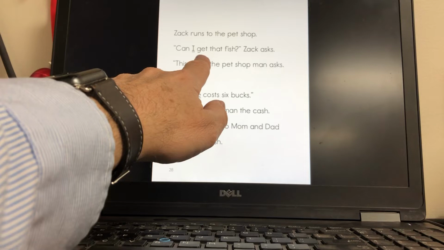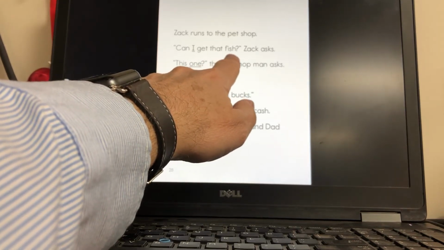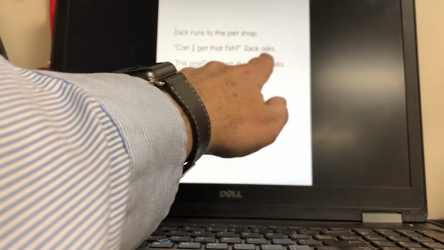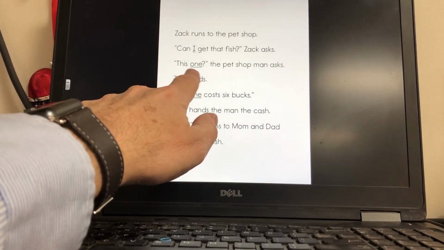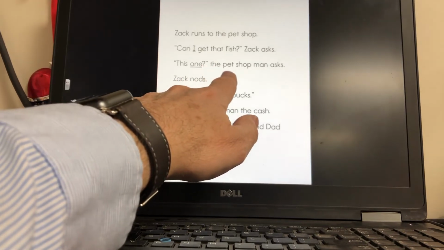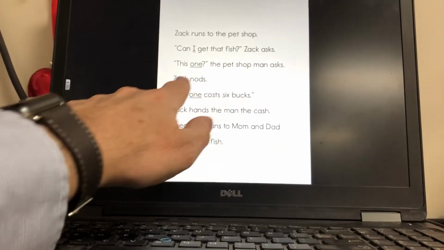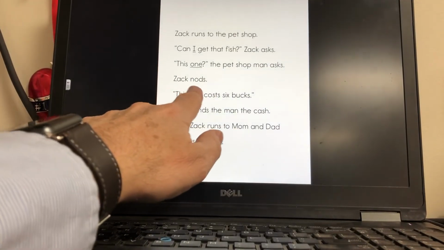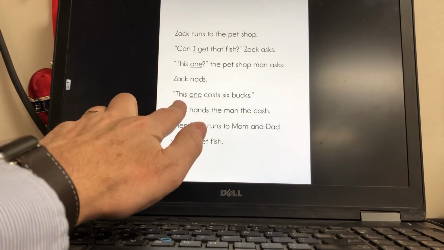Can I get that fish? Zack asks. This one? The pet shop man asks. Zack nods. There again, he's shaking his head.